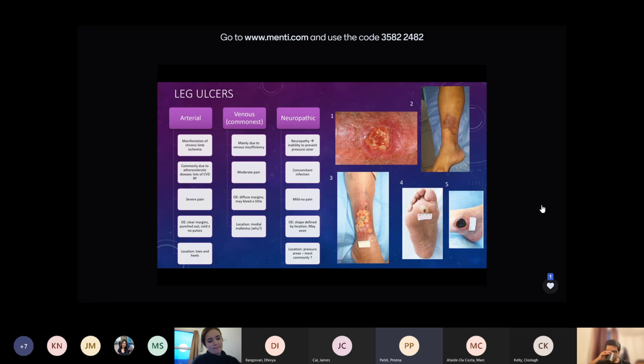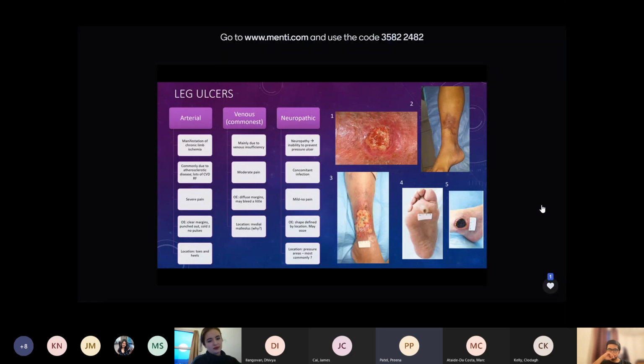But essentially, they're moderately painful, and they've got not the clearest margins, not very well structured. Sometimes they bleed a little, and the surrounding area can be a bit darker because there's hemosiderin deposited. The most common place you can get it is on the medial malleolus.